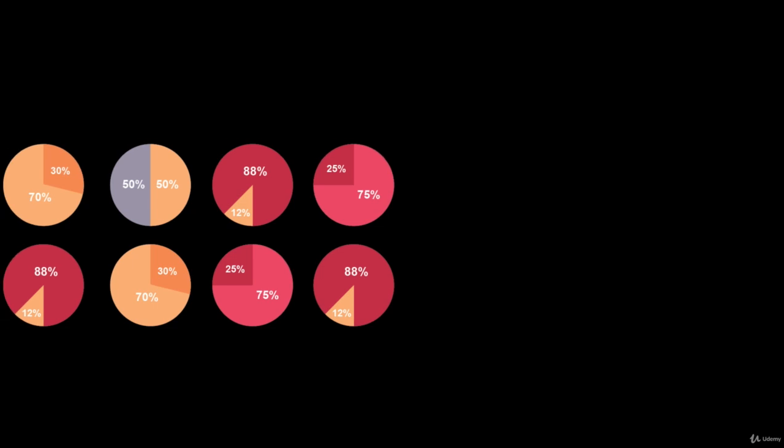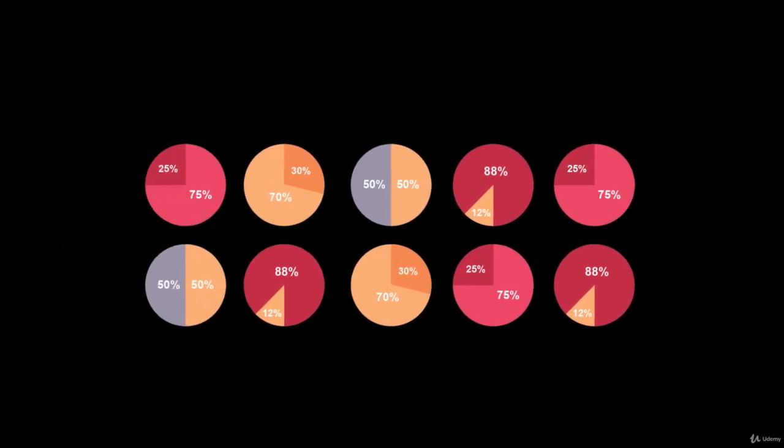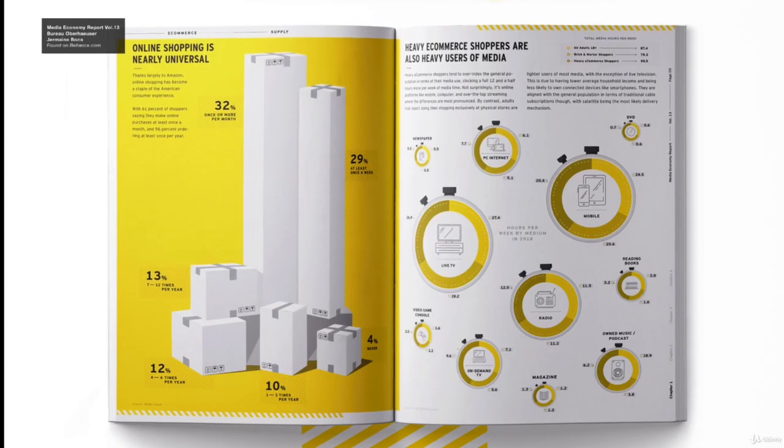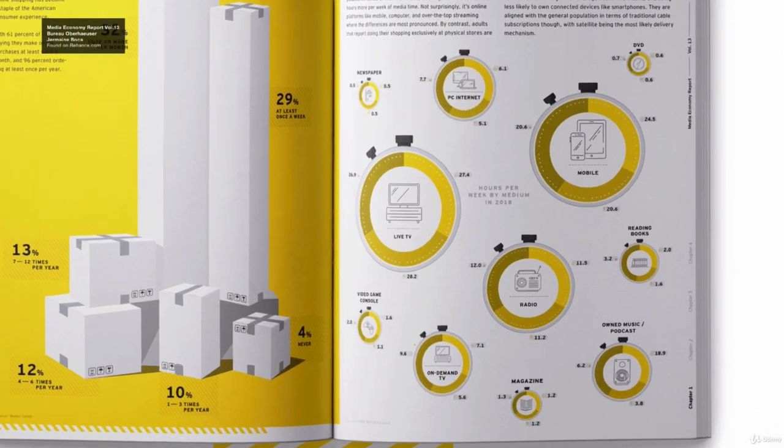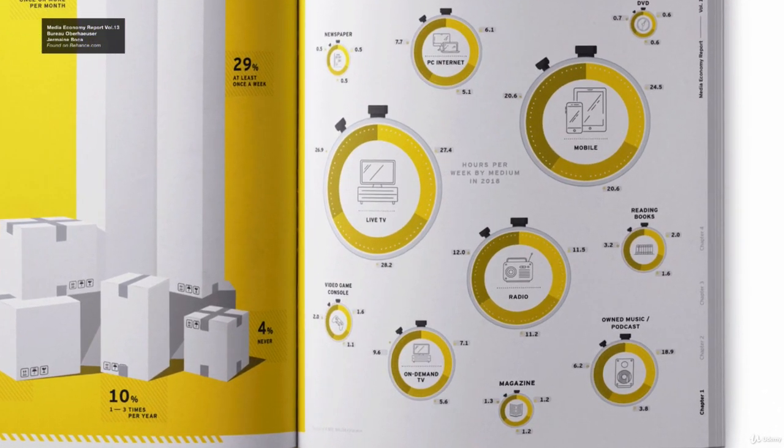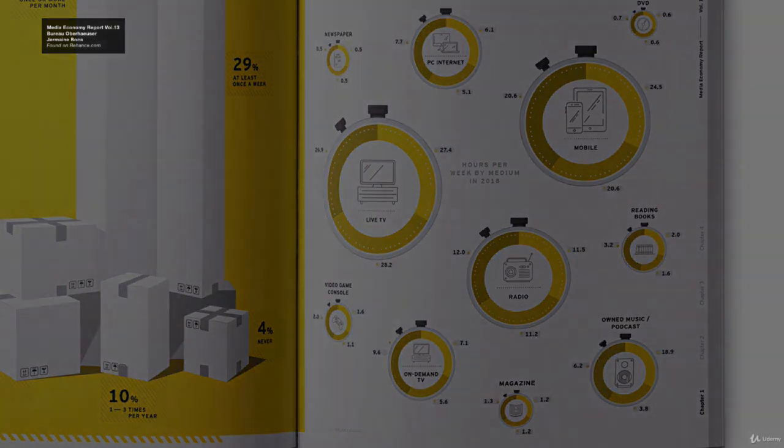If I had 10 different facts I wanted to display in a visually appealing way, let's say pie charts, as they deal with percentages, and I made them all the same size, they would all compete for attention and make the design piece fall flat on its purpose. If I were to increase the size of one or more of the interesting facts or figures or charts and had varying ways of displaying the other facts, it makes for a more interesting infographic, full of life and begging to be looked at.